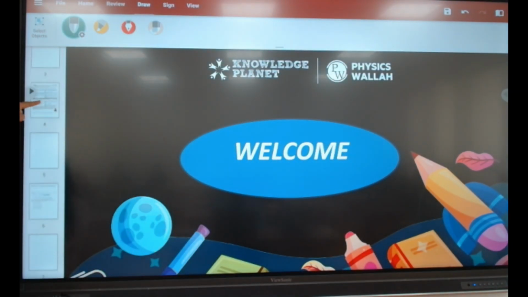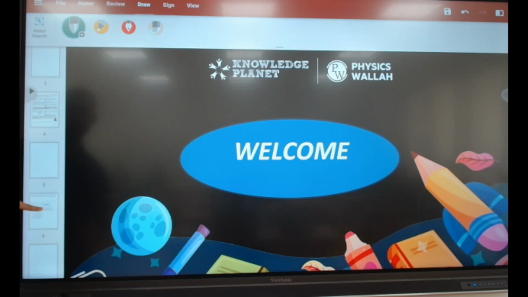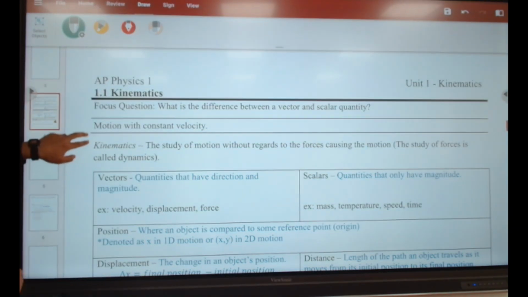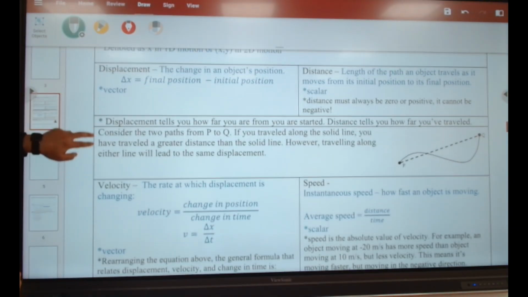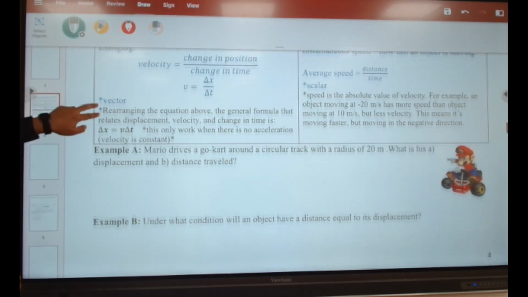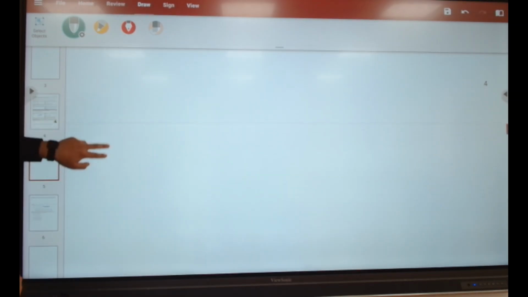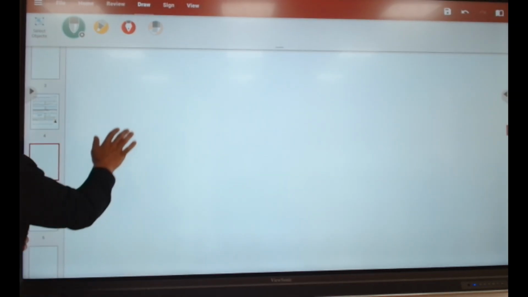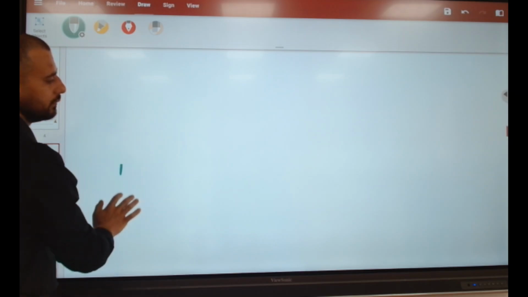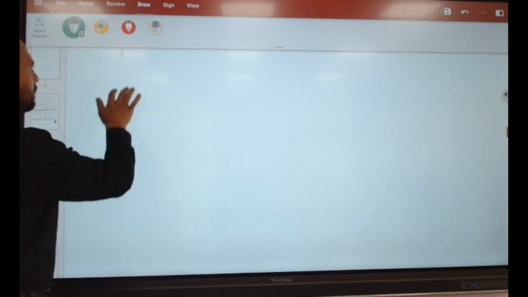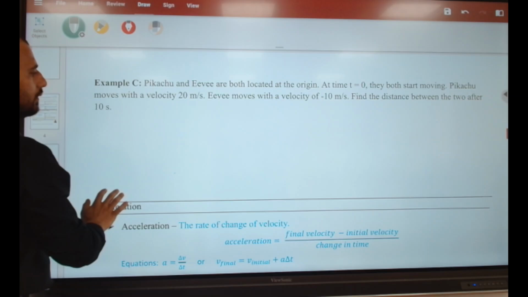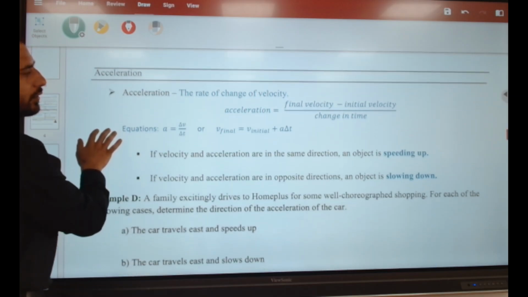Can anyone tell me what is acceleration? So here it is.